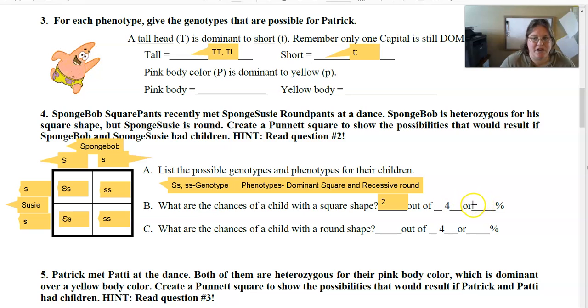It's 50%, you do the math. And then what is the chance of it being round? Well, you have a little s here and a little s here, so that would be another 2 out of 4, which would be another 50%.